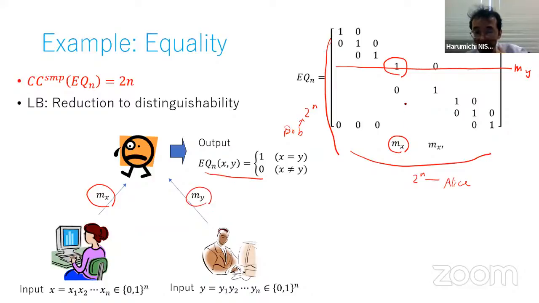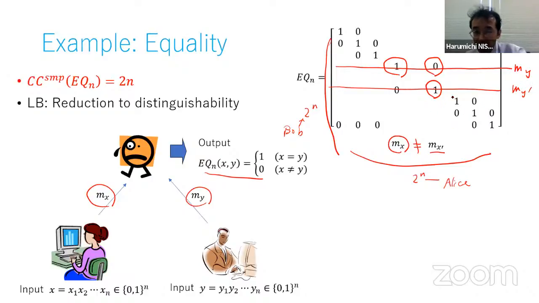On the other hand, this entry is 0, so this and this must not be equal. Considering this, of course, for another part, this must also be not equal.